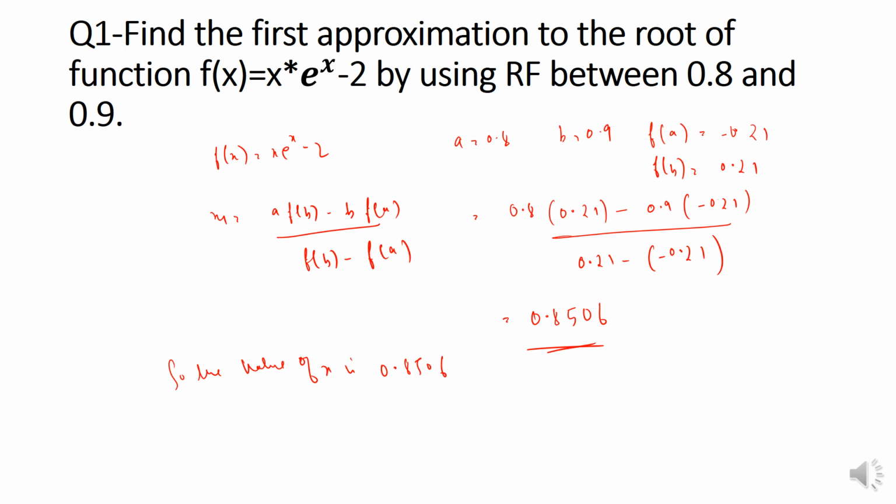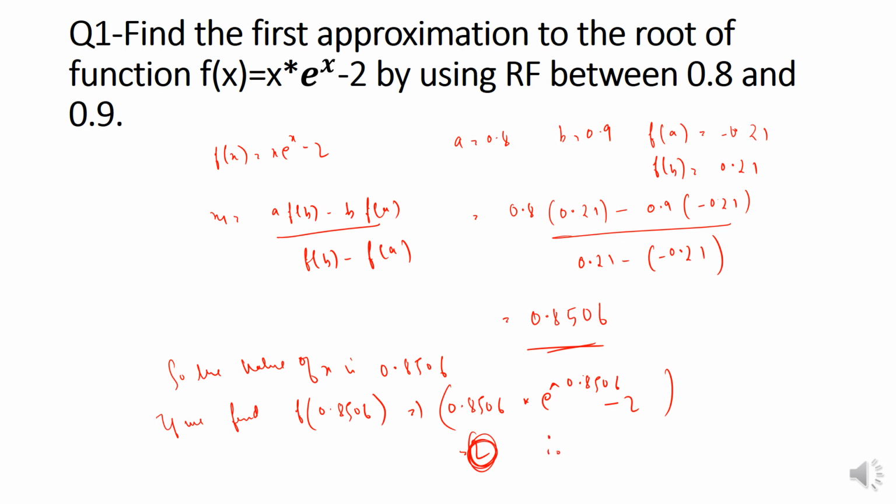Now suppose we find f of 0.8506, that is 0.8506 into e power 0.8506 minus 2. If we find this value, it is equal to 0.